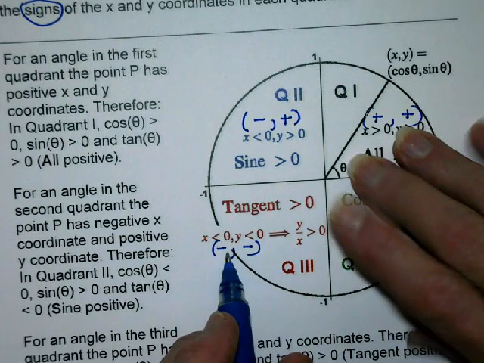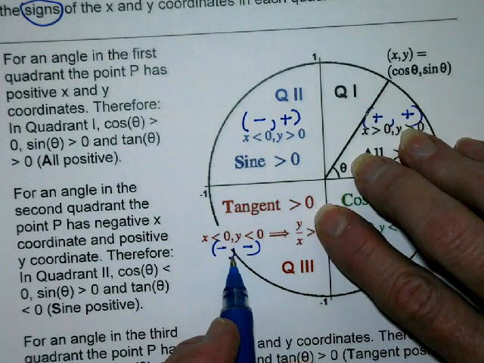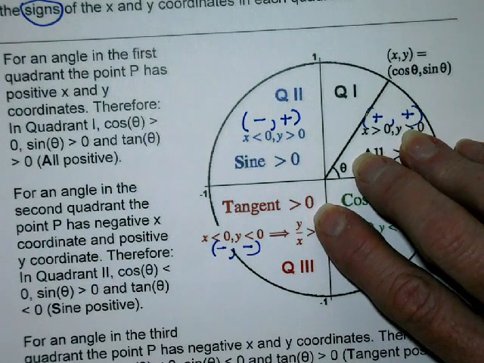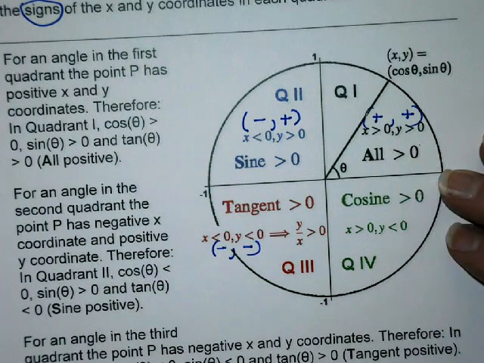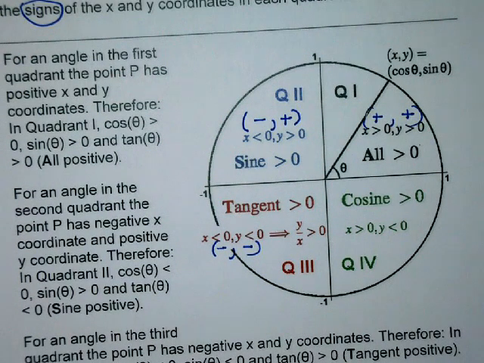If I take a negative divided by a negative, that's where it comes out positive again. So if I ask you what the tangent of 210 degrees is, the answer is going to be positive.